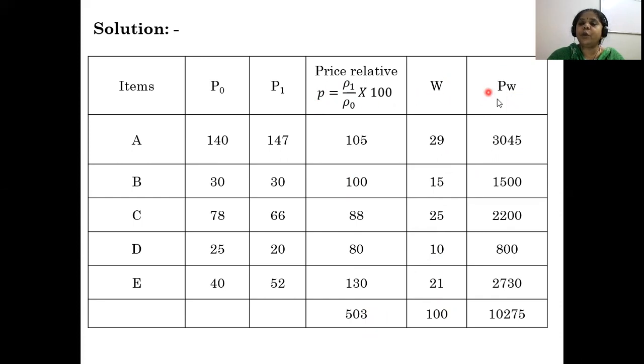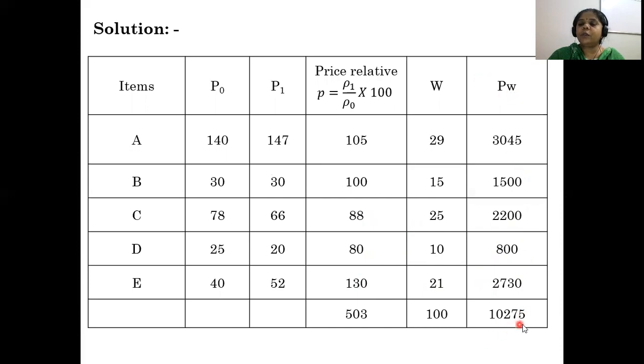So PW: 105 into 29, 3045. 100 into 15, 1500. 88 into 25, 2200. 80 into 10, 800. 130 into 21, 2730. Like this we have to calculate PW, price into weight.